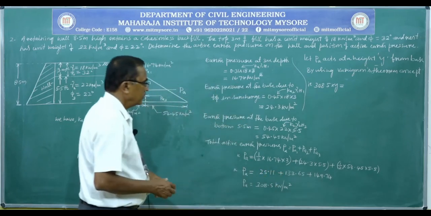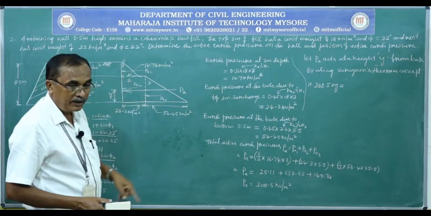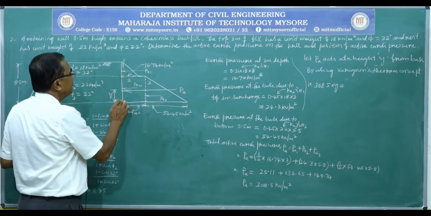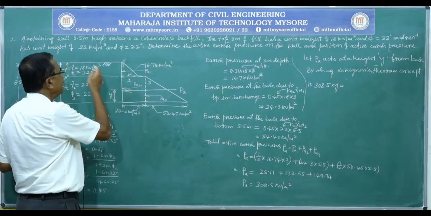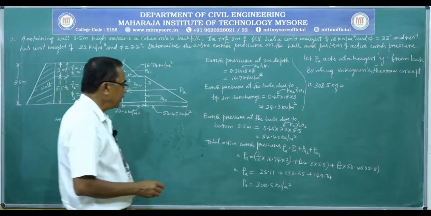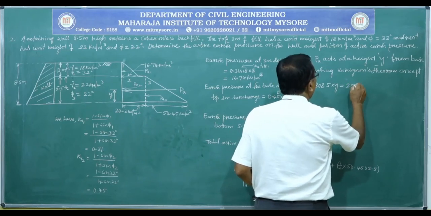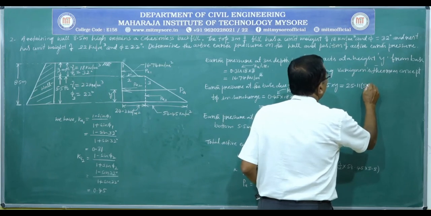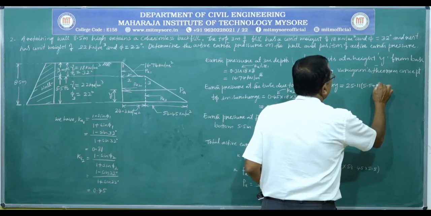So, moment due to PA1 is 25.11, and about this toe point, the perpendicular distance from here to here is 5.5 meter, and from here to here it is 1 by 3 times of 3. So, 5.5 plus 1 by 3 times of 3, PA1 into 25.11, that multiplied by 5.5 plus 3 by 3, h by 3.